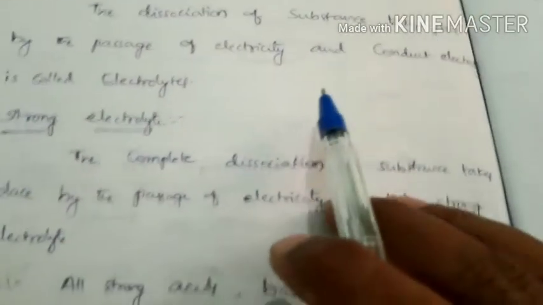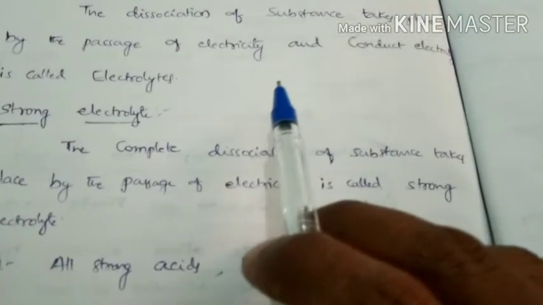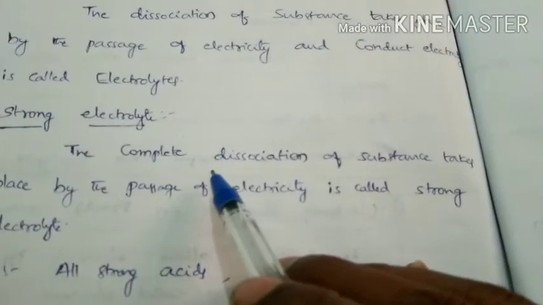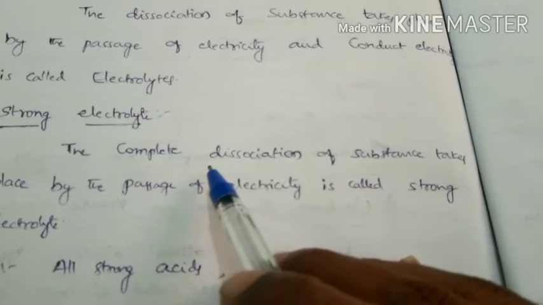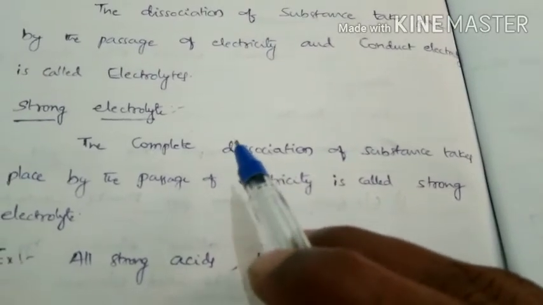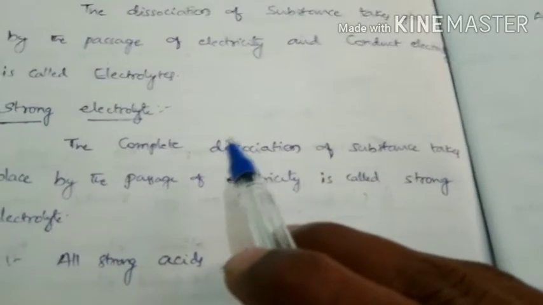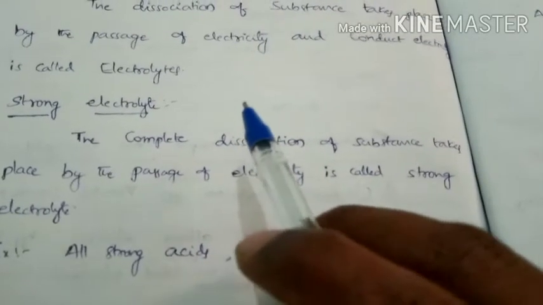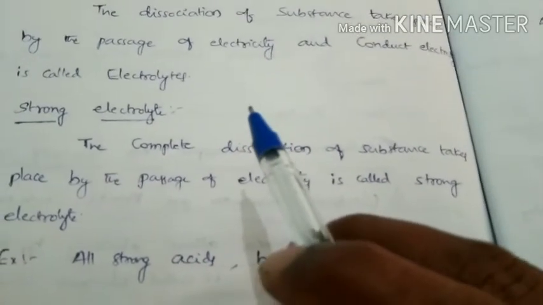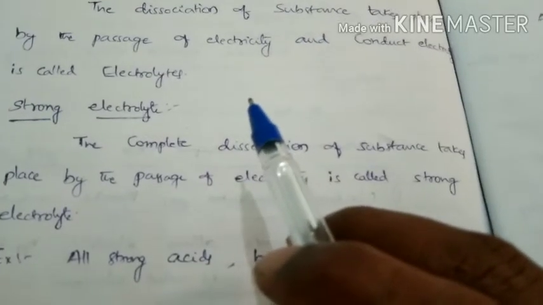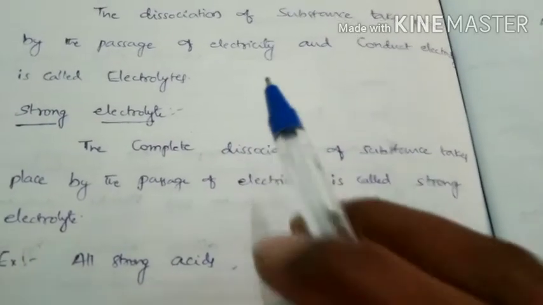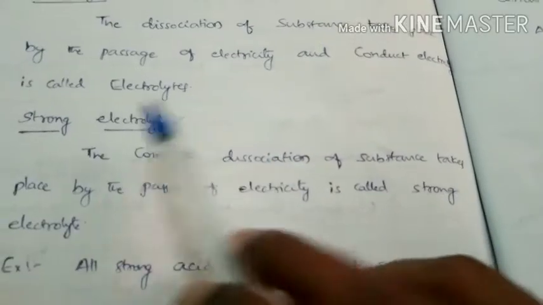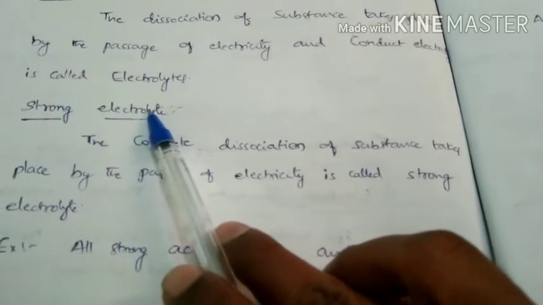Complete dissociation means, suppose you take 100 NaCl molecules. When we pass electricity through 100 NaCl molecules at a time, if all 100 NaCl molecules undergo dissociation, then that NaCl is considered a strong electrolyte.